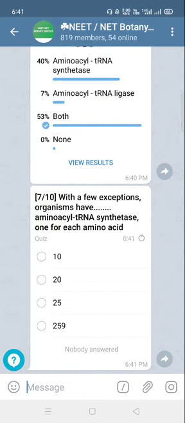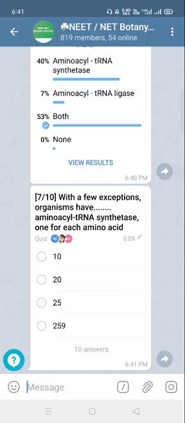Next question is, with a few exceptions, organisms have how many aminoacyl transfer RNA synthetases? One for each amino acid. So it has 25 aminoacyl transfer RNA synthetases, if I am correct. The correct answer is option C, 25 aminoacyl transfer RNA synthetase enzymes, one for each amino acid.